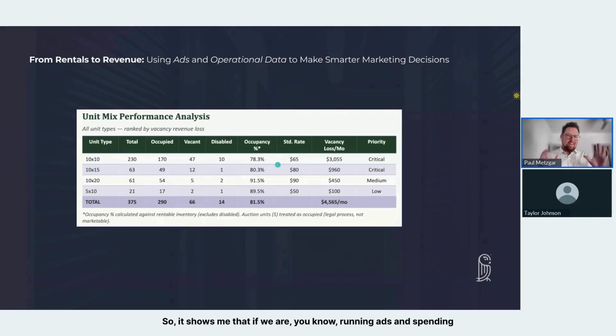So it shows me that if we are running ads and spending money to get new customers, we need to be focusing on the units that are actually available. If there's only 5 available on the 10 by 20s, then we may not want to push them as hard as, let's say, the 47 10 by 10s. So crafting the ad language, having it appeal to those types of use cases, is going to be important.